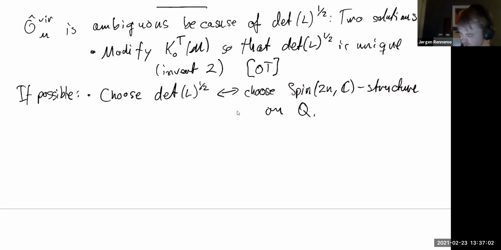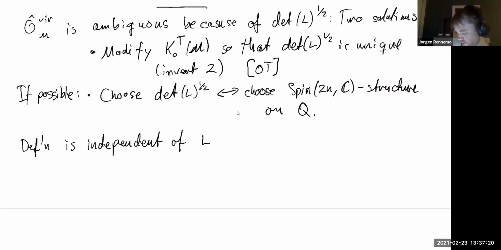Right. Okay, so another point to make is that the definition is, it's not obvious, but it's independent of L. We had the dream scenario where we had a maximal isotropic subbundle L in Q, but it's independent of various choices.